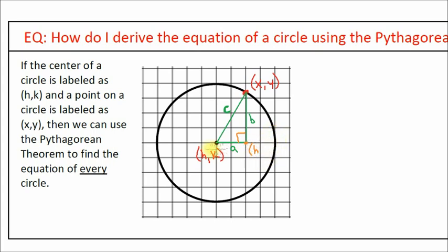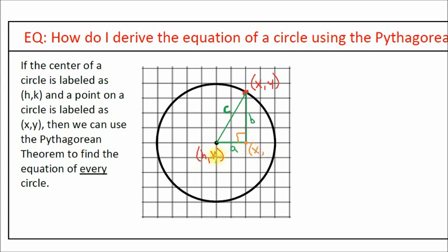Actually, I'm sorry, I misspoke on that, class. The h value actually changes. This is the x value, we're moving on the x-axis. So this has the same value as the x value of the coordinate on top. This is actually x.